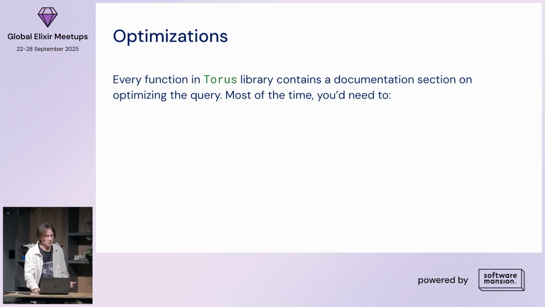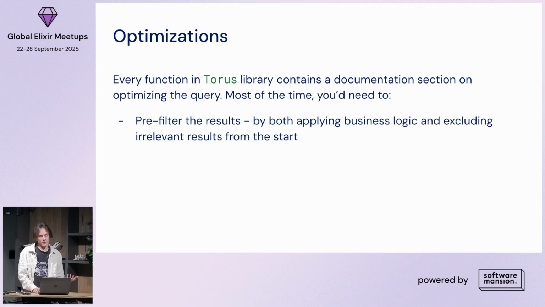Most of the time, you would need to, first, pre-filter the results by applying some business rules, so you scope the results of the query to only the things that you need, and only then apply the search. Also, you can pre-filter by using some advanced techniques related to the search method you're using.